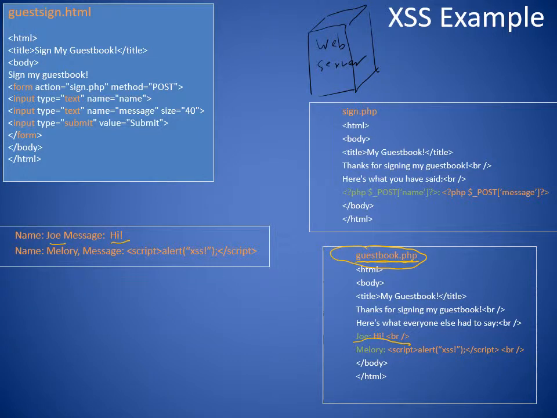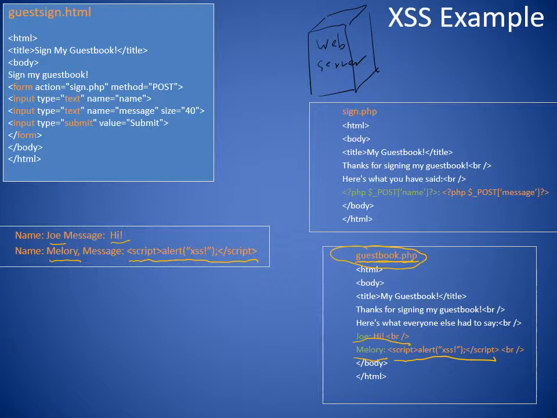And in this case, the cross-site scripting attack can happen. For example, if there's a malicious user called Mallory, instead of putting in a text message, he can put in a JavaScript as the message, and this JavaScript will be put into the guestbook.php, which includes Mallory as his name and also the message that he put.